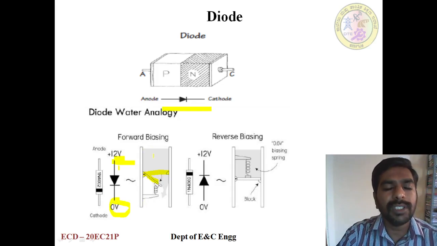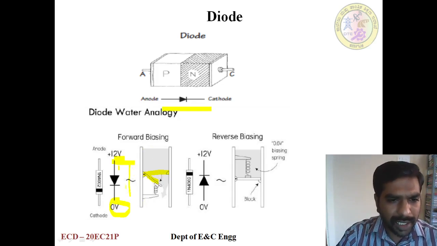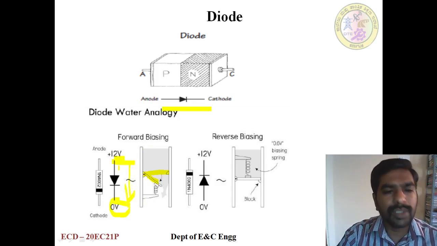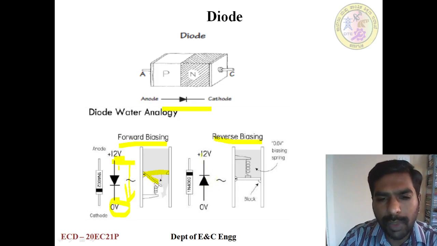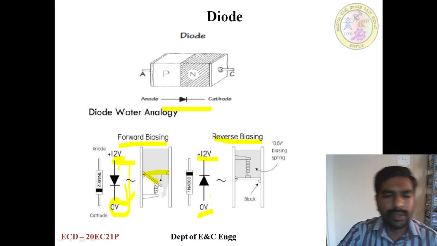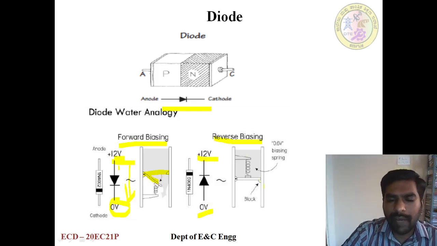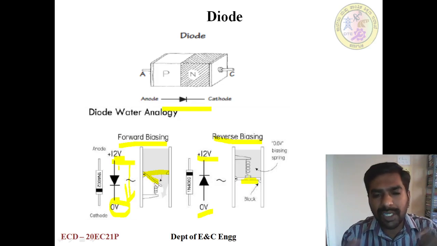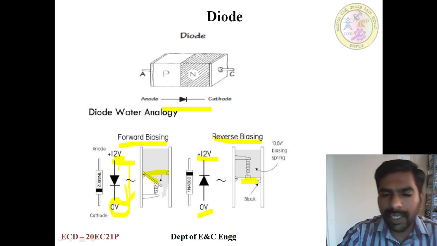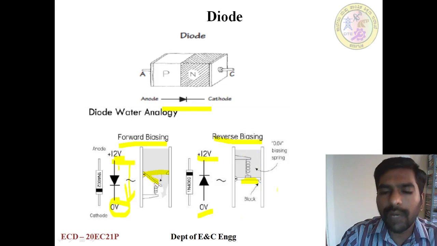In this direction the current flows from the anode to the cathode. This is called forward bias. Reverse bias means if you apply the reverse voltage, positive voltage across the cathode terminal and negative voltage across the anode terminal, this door will never open. It is like a pulling that strengthens the door with an extra spring, and the water will never flow.